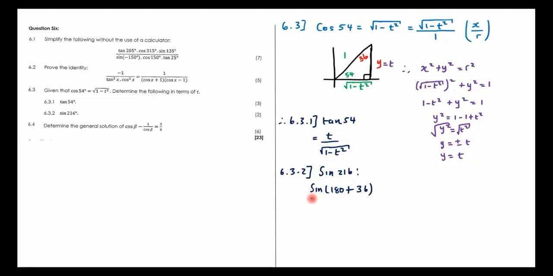So 180 plus 36. In the third quadrant, is sine positive? No, it is negative. So here it's going to be negative sine 36. Now we have 36 there. What's the opposite there? It is root 1 minus t squared, and the hypotenuse is 1, right? That basically means we have minus root 1 minus t squared, and that's going to be our answer.